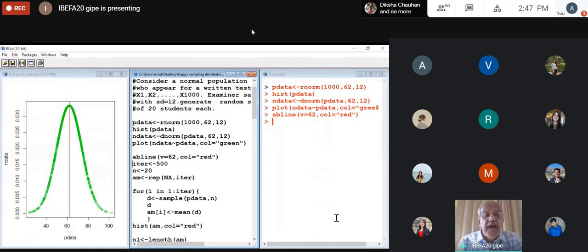How many students are above 62? 50%? Correct. How many students are below 62? 50%. So I say the marks are normally distributed.